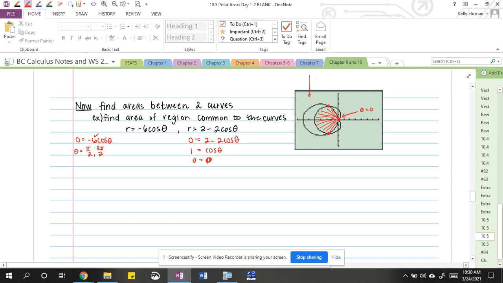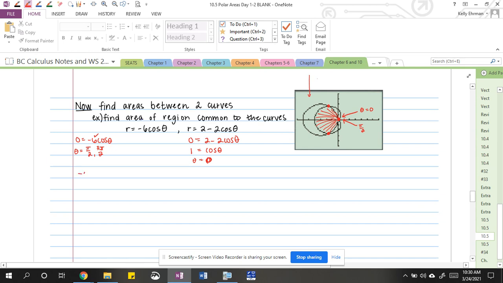That is one of our answers. And theta equals 0 is one of our angles. It can also be pi over 2, though. So it just kind of depends on what you're looking at here. It's 0 for the cardioid curve, I think that's called, or it's pi over 2 if you're looking on the cosine, the -6 cosine curve.